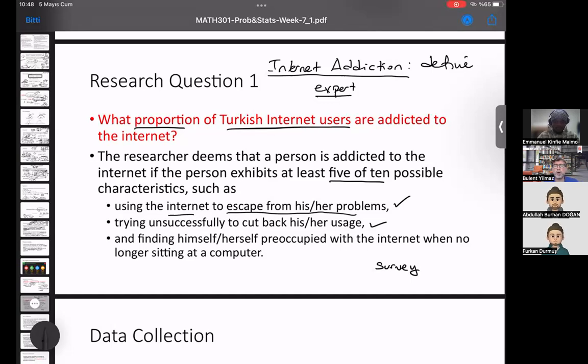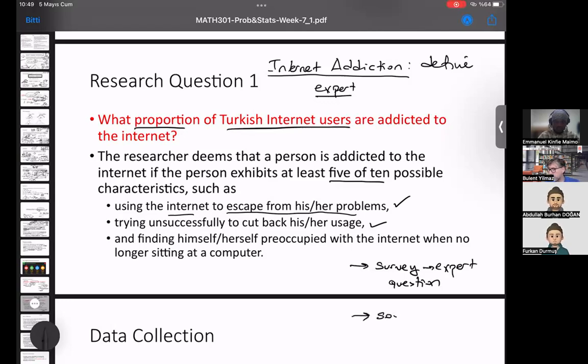You have to ask proper questions to understand that the person has an internet addiction problem. So you have to prepare the survey using an expert. Come up with questions which will reflect the understanding of the population having an internet addiction.